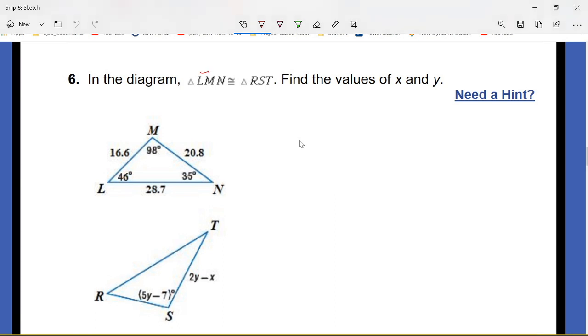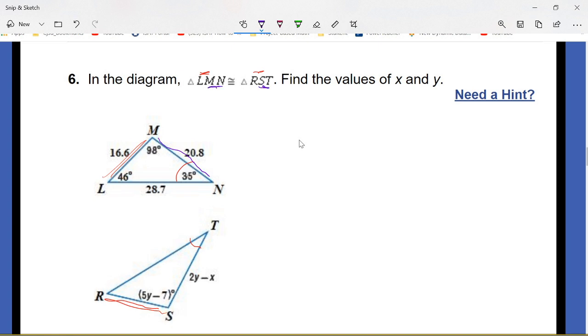So the key is to remember corresponding sides. LM and RS. So LM is this side and RS is this side, right? That means angle N corresponds to angle T. Then getting another color here, let's go with purple.